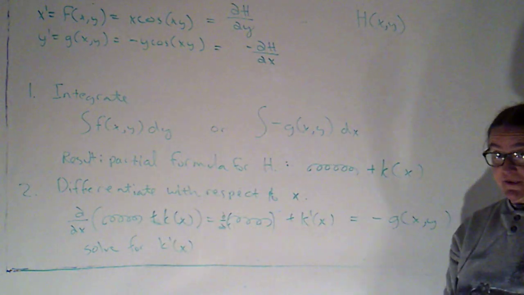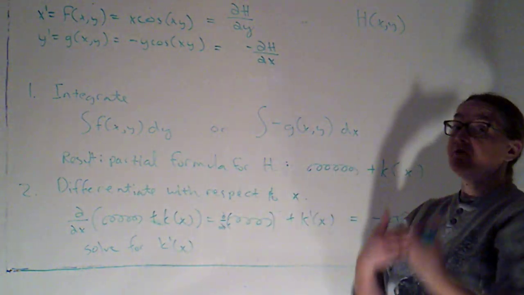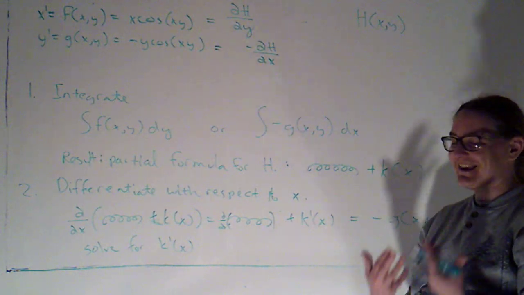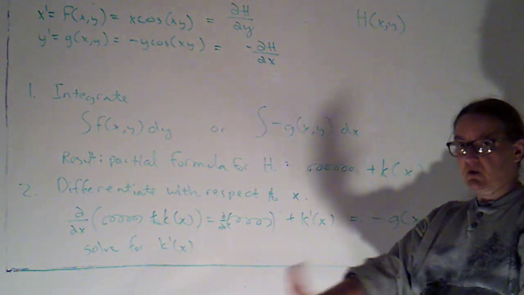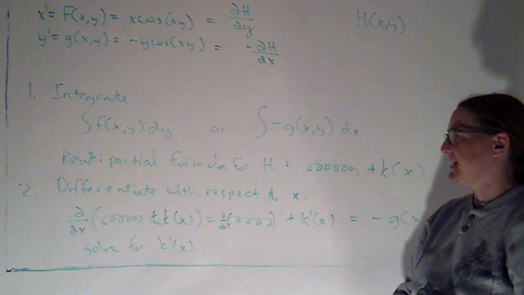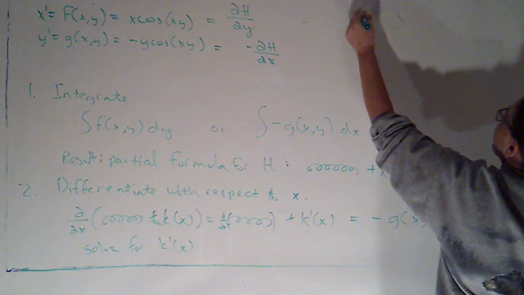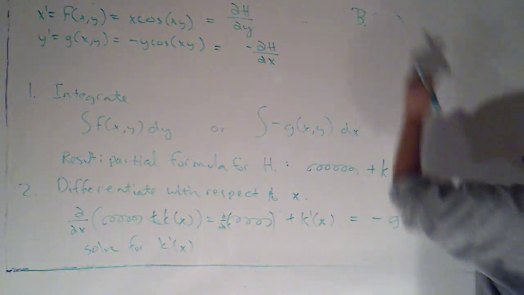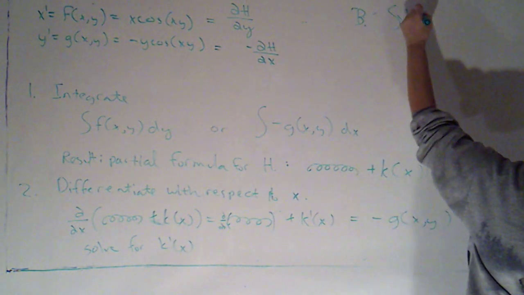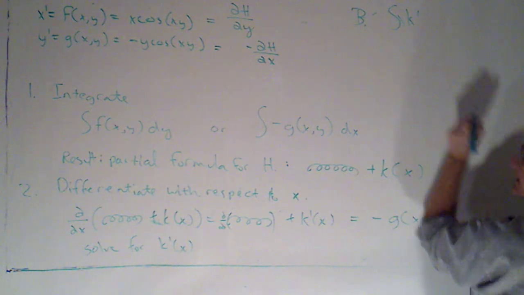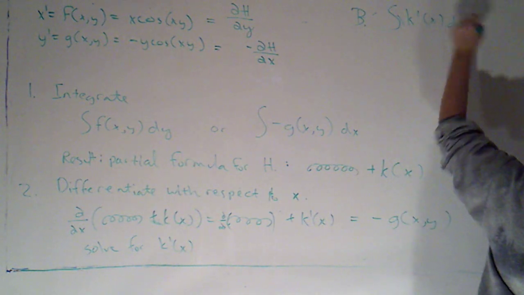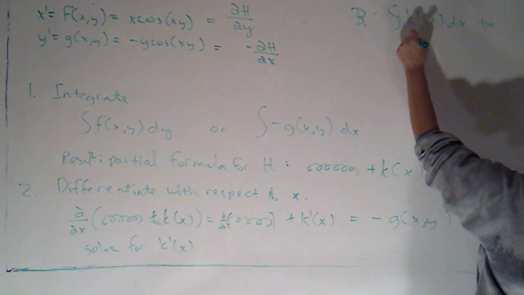Which, if I've done everything correctly, will be a function of just x. If there are y's in it, that tells me I've done something wrong. Don't keep going. Go back and find your mistake. Once we have that, I think I've got enough room up here to finish this up. Step 3, I'm going to integrate k prime of x dx to get k of x.